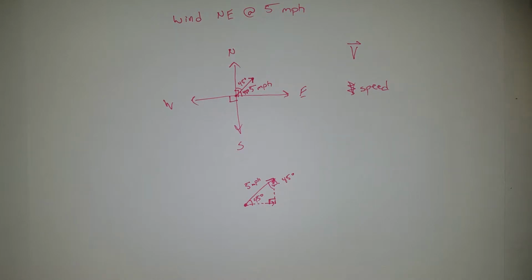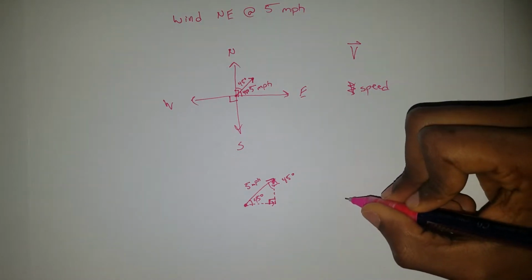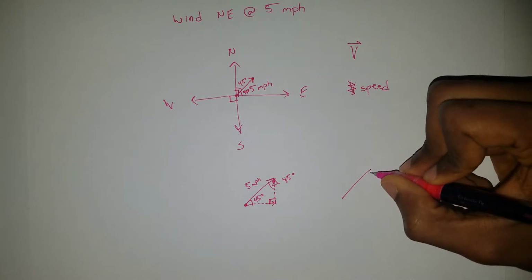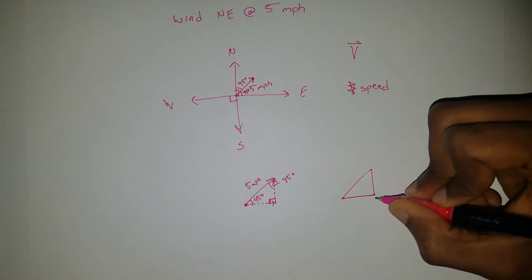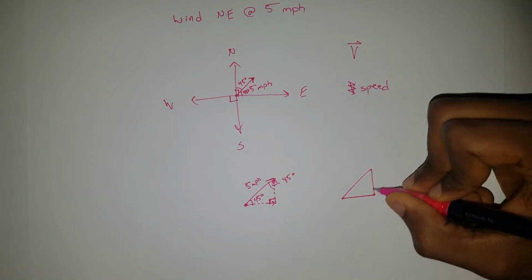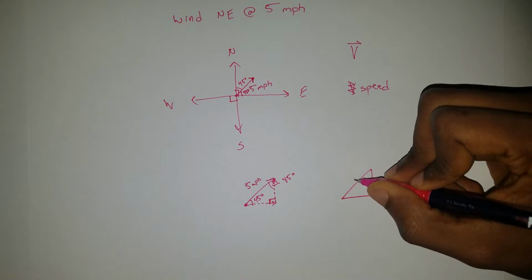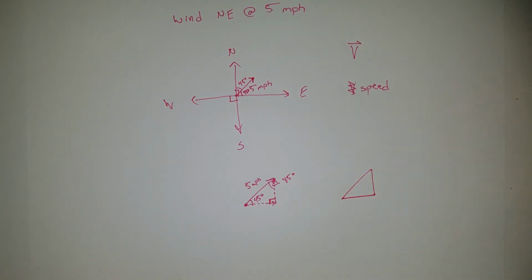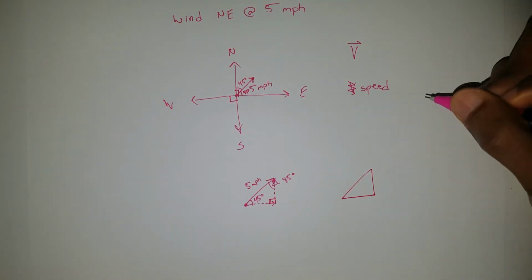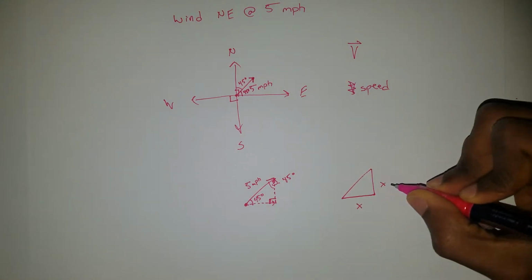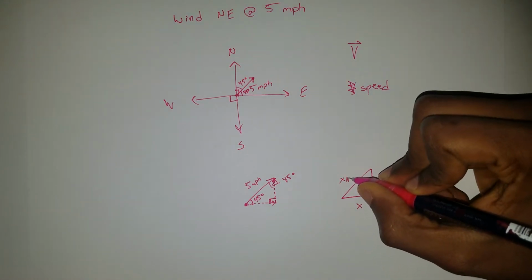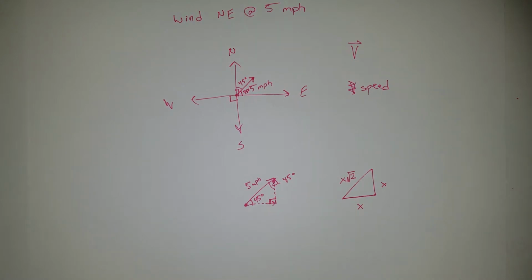Therefore, we have something called an isosceles triangle, given that we have two sides that are equal and one side that is different. And with this type of triangle, we have x, x, and x radical 2. That's what we have in general for a 45, 45, 90 triangle.